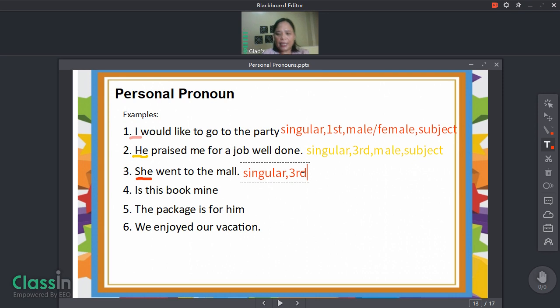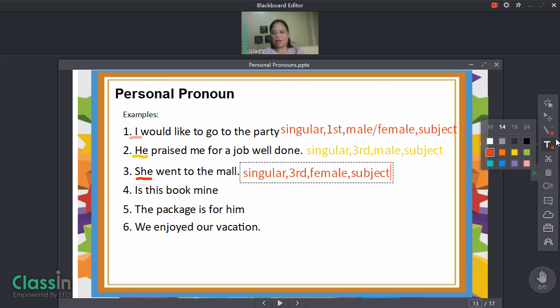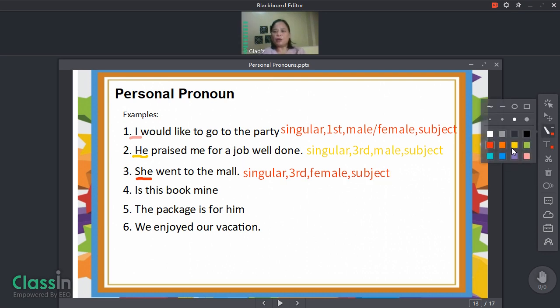Is it male or female? Of course, it is feminine. What case of pronoun is she? That is used also as a subject in the sentence. Very good. Let's move on to number four. The pronoun used in number four is mine.